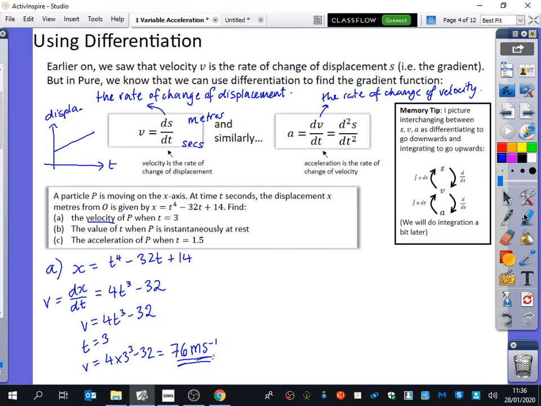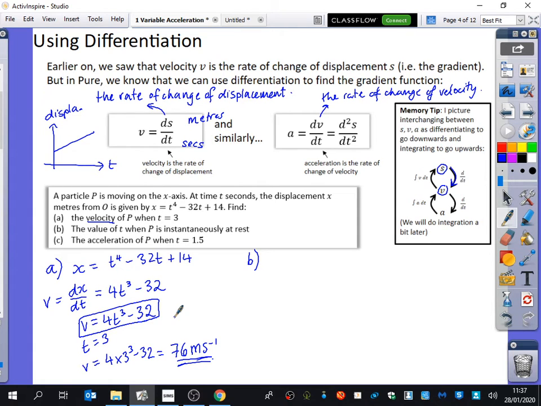So just to remind us where we were for this question, we started off with the displacement. We wanted velocity, so we did this bit. We differentiated to go downwards to find out what the velocity was. Now we know that this thing here is the velocity. We can answer some of the next bits of the question.